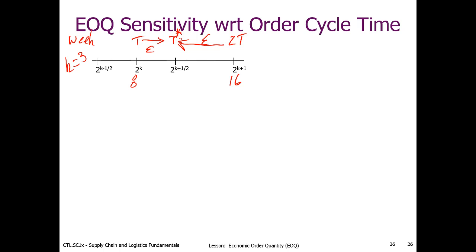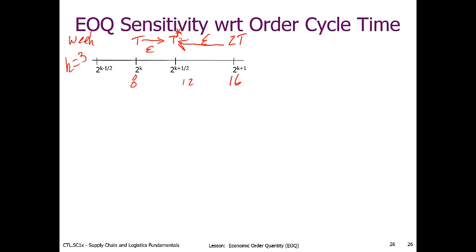Because if t star is close to this t, or close to this 2t, then going to there would be even less. So the worst possible case is where those errors are equal to each other. Now what's interesting and important to realize is that the point where those errors are the same is not the middle between 8 and 16, because the average of that would be 12. So the middle there would be 12.